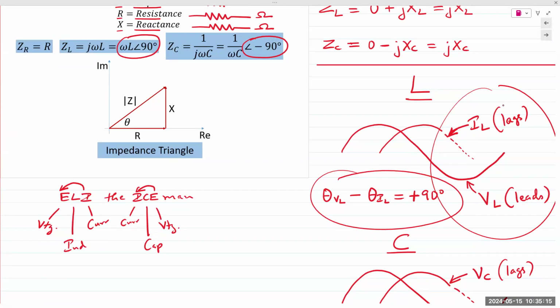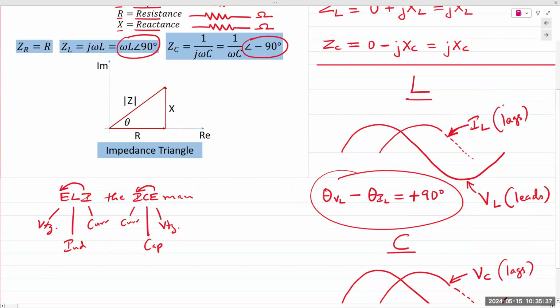Impedance Z is V divided by I. When V and I are both complex numbers, the phase angle for V divided by the phase angle for I would be theta V minus theta I, which would always turn out to be 90 degrees. Capacitor is the exact opposite.